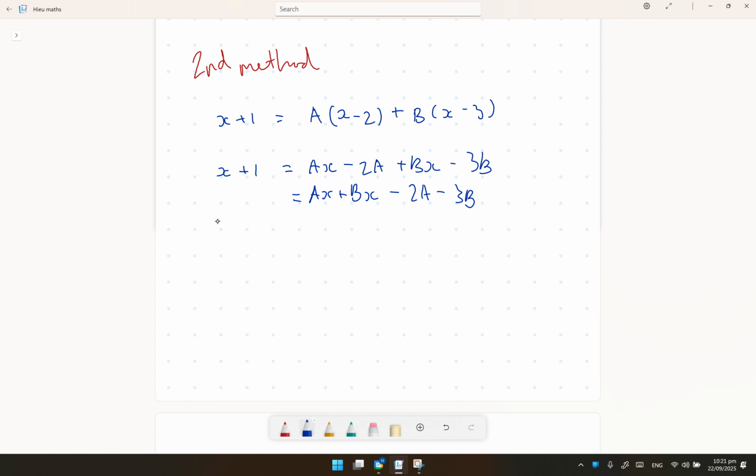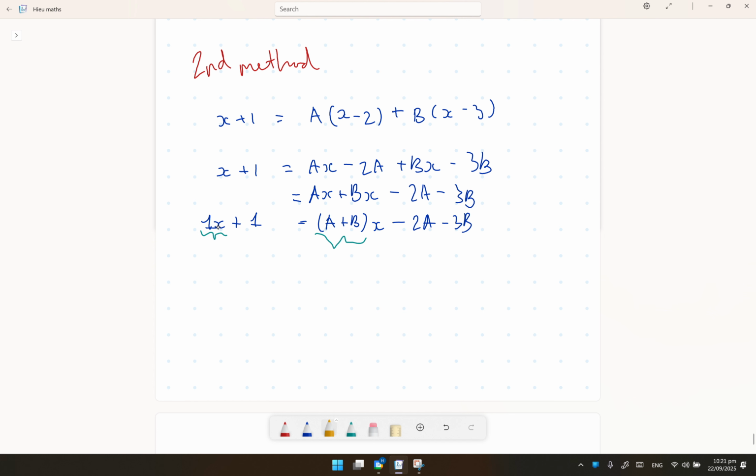If we rearrange with all the x's, that's ax plus bx minus 2a minus 3b. Let's compare the coefficients. This is 1x plus 1. This is x multiplied by a plus b, like that, minus 2a minus 3b. So the coefficient for x is this.